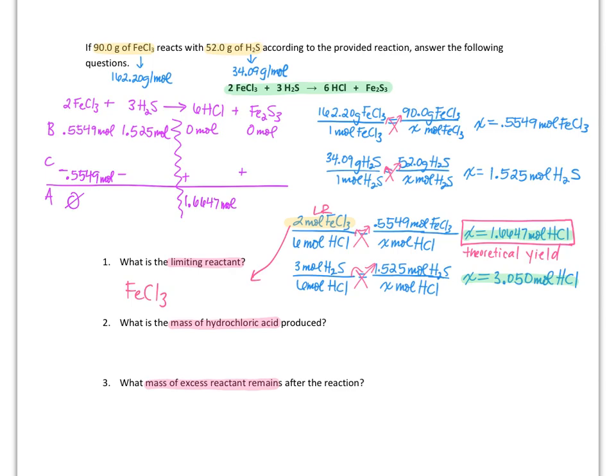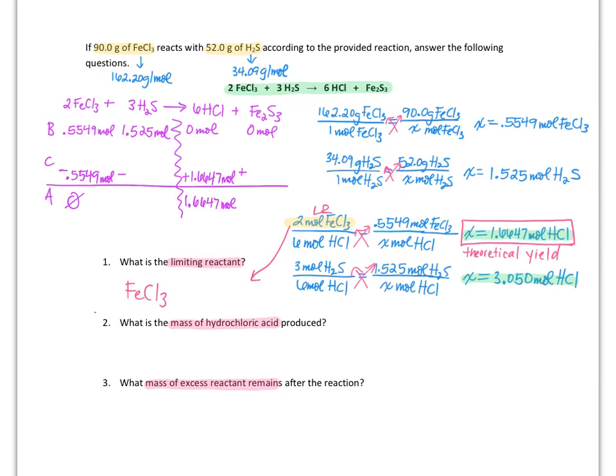And we know that's what we're going to add in here, 1.6647 moles. Okay. So now to finish out our BCA table, we need to do 2 more proportions to solve for the change of H2S and how much of that excess is left over, and then the iron 3 sulfide. So I'm going to throw these proportions over here right underneath my BCA table.